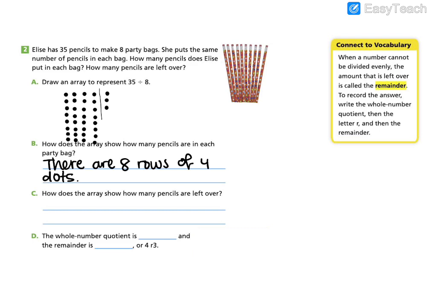So I know there must be 4 pencils in each bag. And how does the array show us how many pencils are left over? Remember these little guys? The last row has 3. So there are 3 dots that are left over. They did not make an equal row in the array.